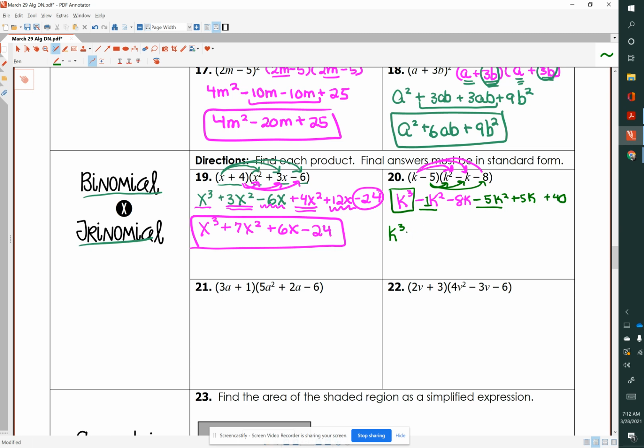Negative 1 minus 5 is negative 6k squared. And then we have negative 8k plus 5k, so that's negative 3k. And then we have our constant of 40. And there you have our final answer. So try number 21 and 22. Let's see how you do.